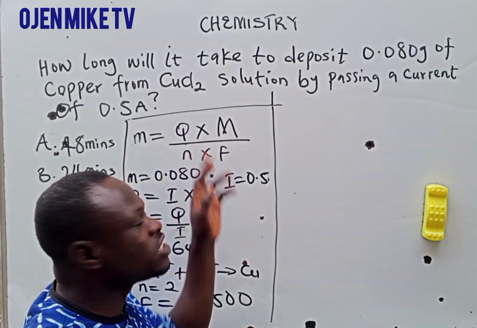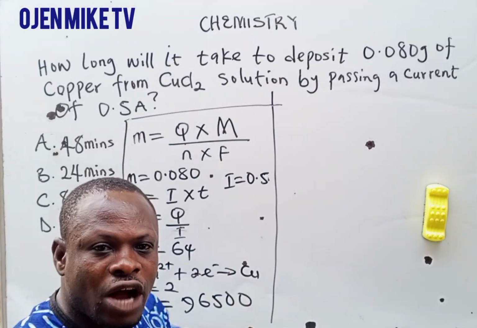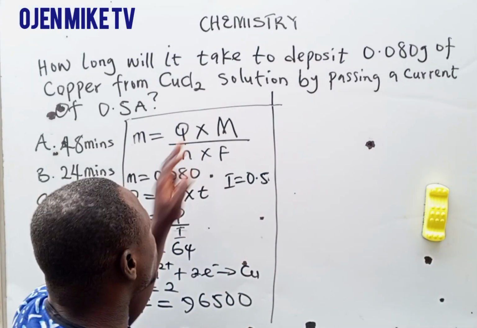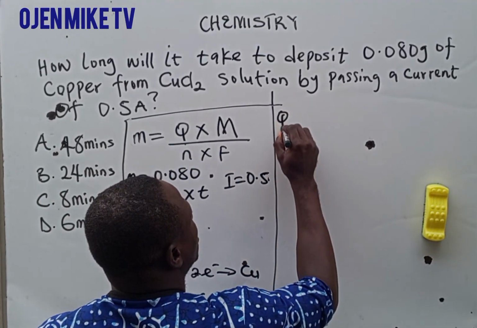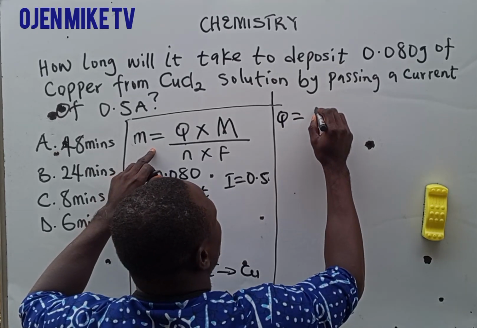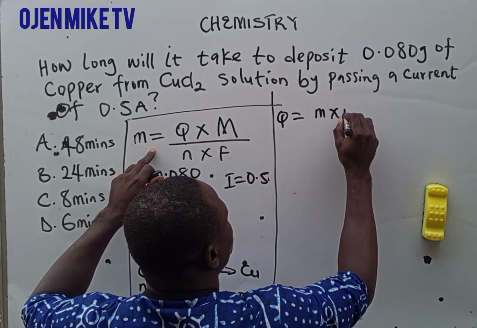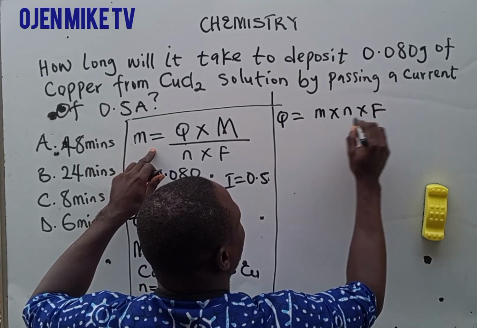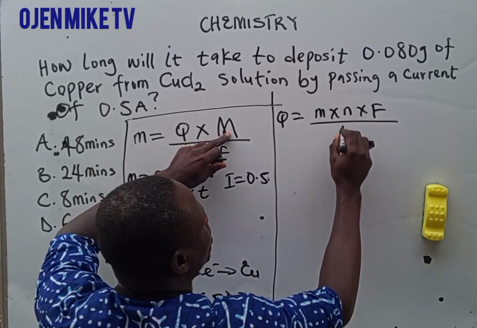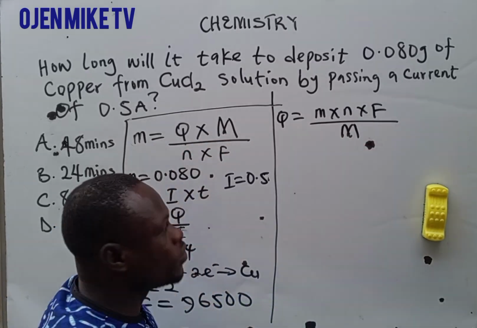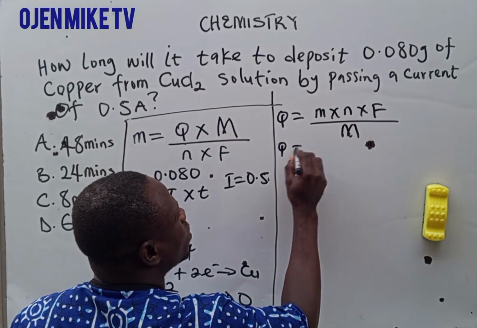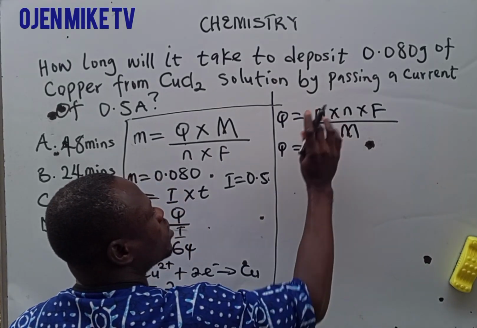So you make quantity the subject of the formula. This same thing is applicable when you are asked to calculate current. Quantity will be equal to mass times number of electrons times Faraday, divided by the molar mass. So what is your mass?